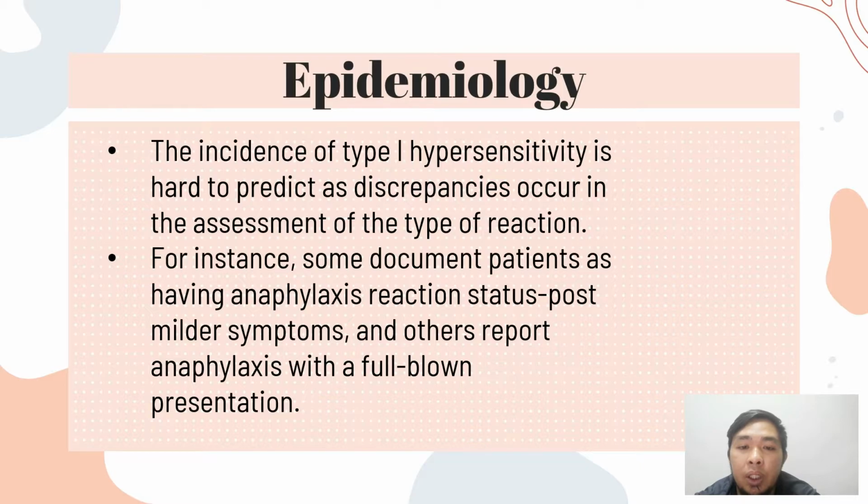Epidemiology: the incidence of type 1 hypersensitivity is hard to predict as differences occur in the assessment of the type of reaction. For instance, some document patients as having an anaphylactic reaction status post milder symptoms, and others report anaphylaxis with a full-blown presentation.